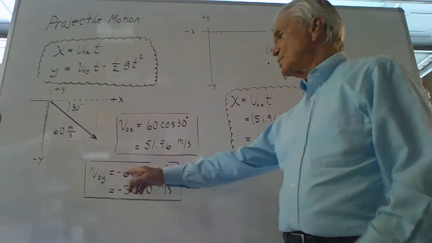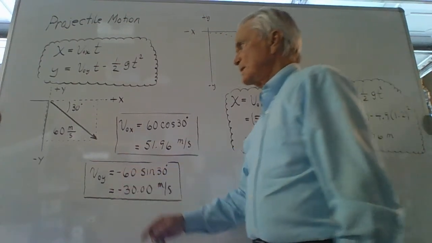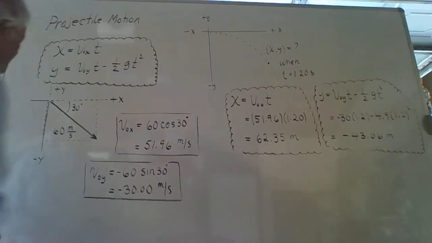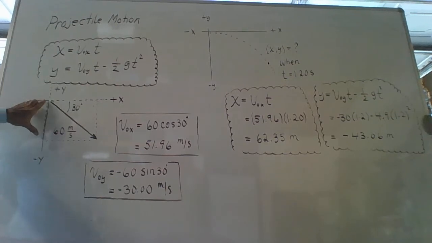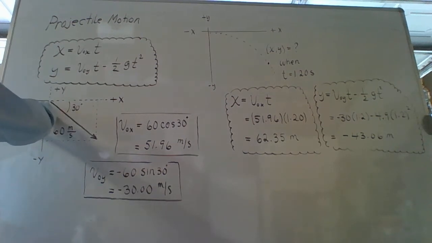The y component of the velocity is the negative of the shadow that this arrow casts on the y-axis. It's a negative because the shadow lies on the negative side of the y-axis. And so we have this distance here times -1.